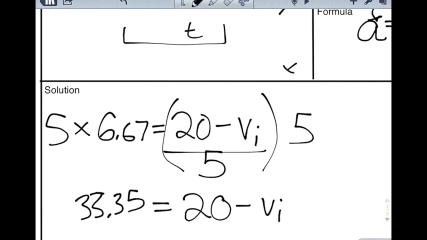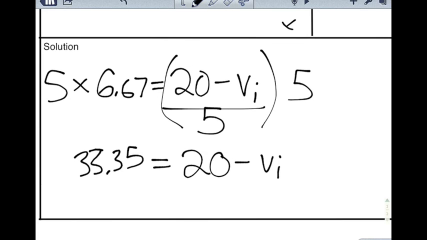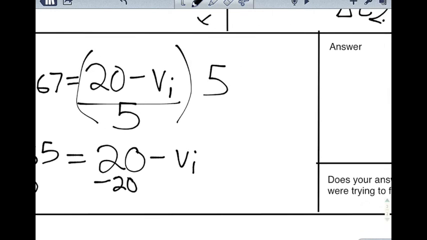And now we can go ahead and solve. So the easiest way to solve it at this point is to go ahead and subtract 20 from both sides. And when you do that, you're going to get a value of 13.35 equals negative VI. Now realize you're not trying to solve for negative VI, you're trying to solve for VI.